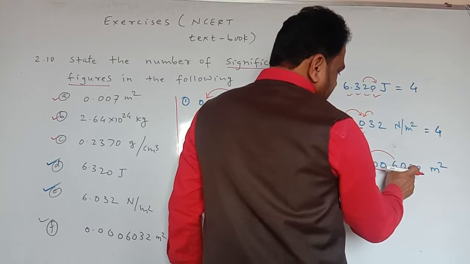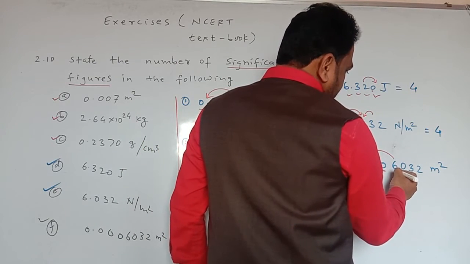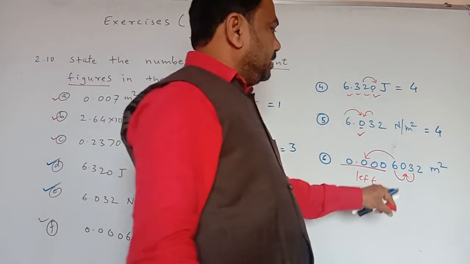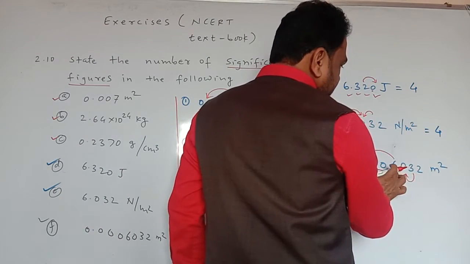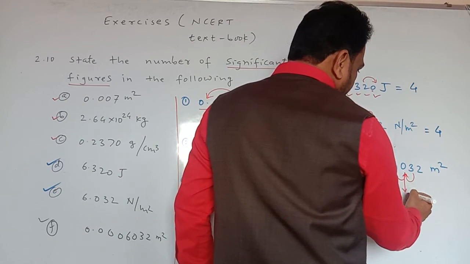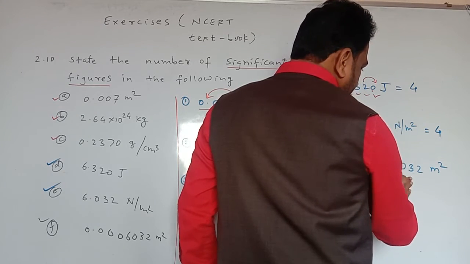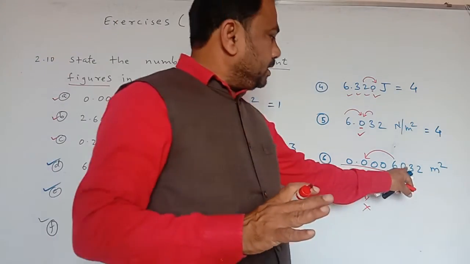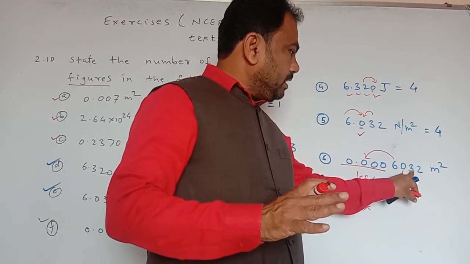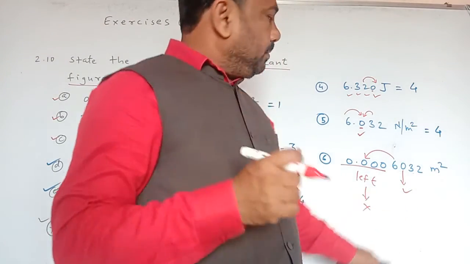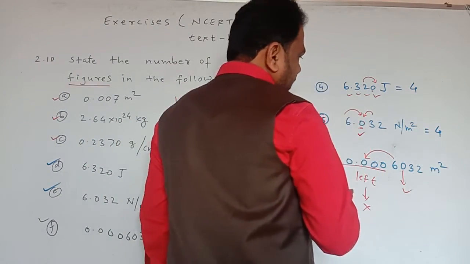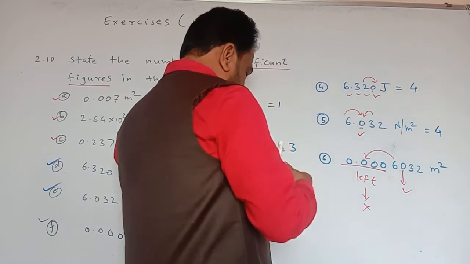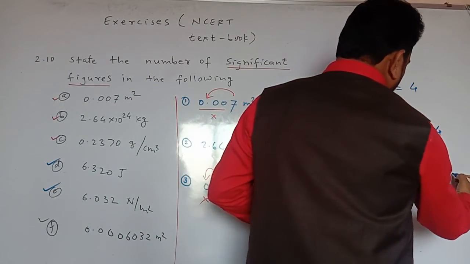But this 0 is between 6 and 3. It is present between two non-zero digits, 6 and 3, therefore it is considered a significant figure. How many significant figures are here? 6032 is 1, 2, 3, 4. So the answer of this problem is 4.